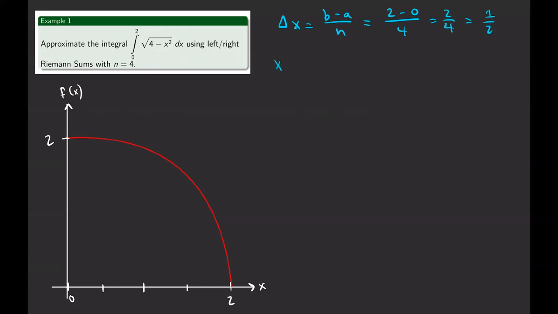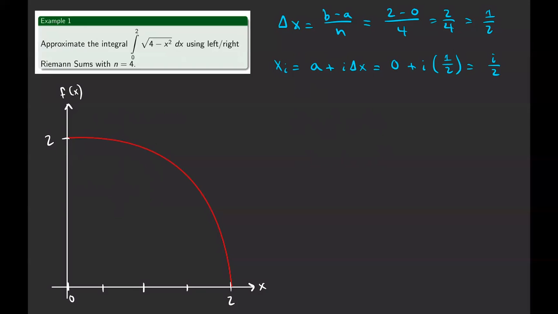Then x sub i, which is a plus i delta x, is equal to 0 plus i times 1/2. If I simplify this, it's just i over 2. Boom. We now have a value for delta x, and we have a formula for x sub i.